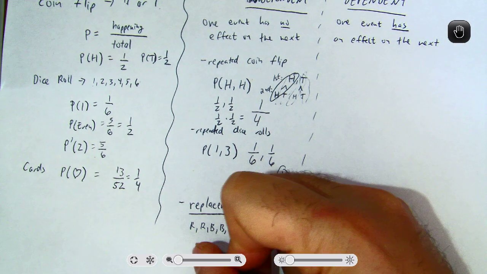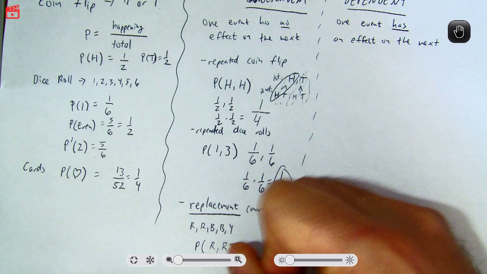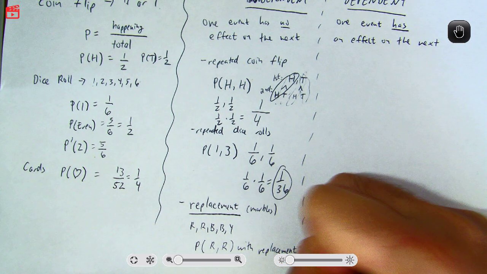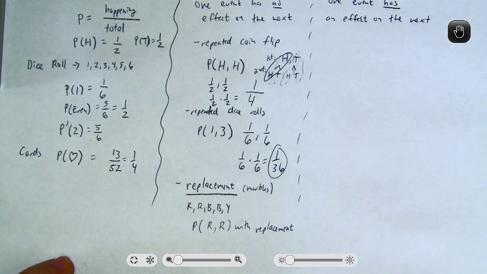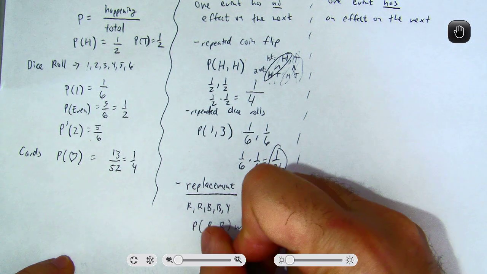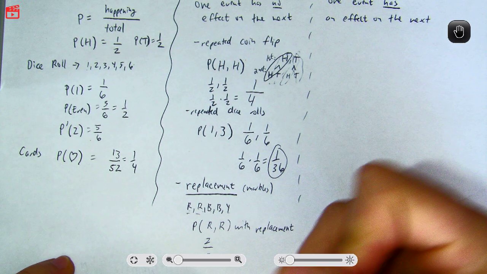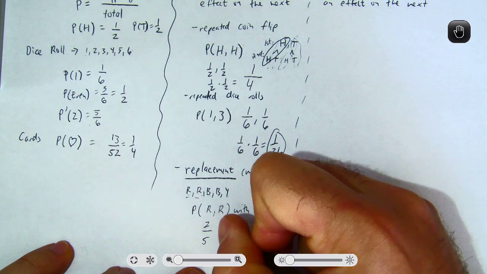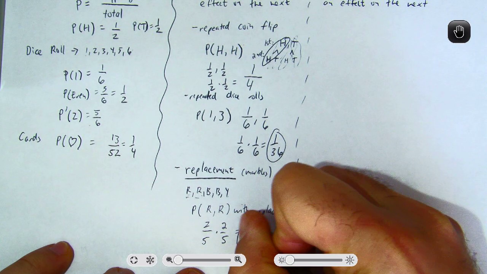The chances of getting a red followed by another red with replacement. This is the key idea here, which means once you pluck your first red, you put it back in the bucket, and then you pluck again. So chance of getting red were 2 out of 1, 2, 3, 4, 5 the first time. It's then put back in, and the chances are 2 out of 5. Again, there's still 5 in there, and there's still 2 reds in there. This would be a total chance of 4 out of 25, which is in simplest form.